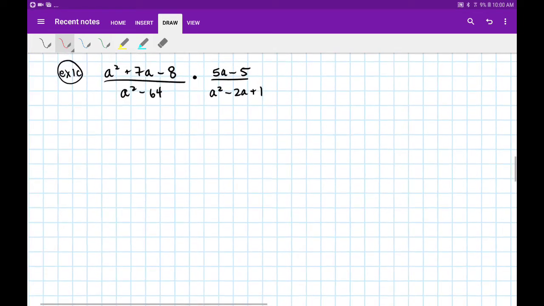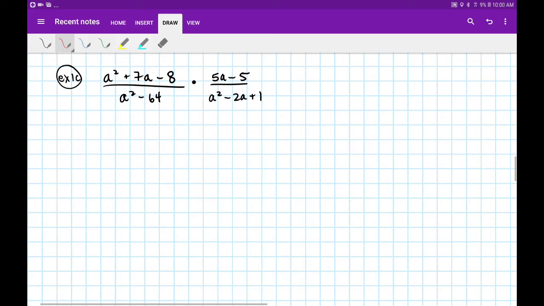Let's do one more. 1c. 2 more problems, actually. We'll do c and d, and then we'll call it a day. So let's find our excluded values as always first. So we'll set our denominators equal to 0 and see what a cannot equal.